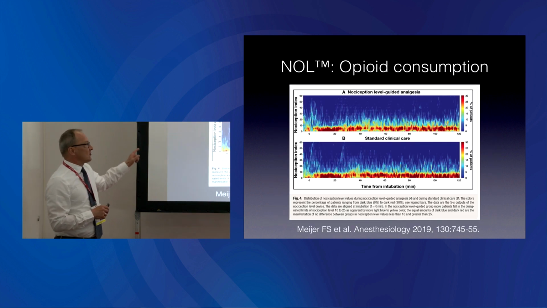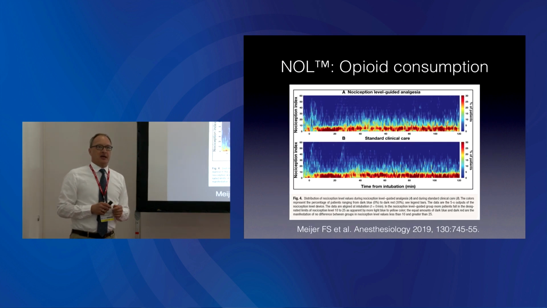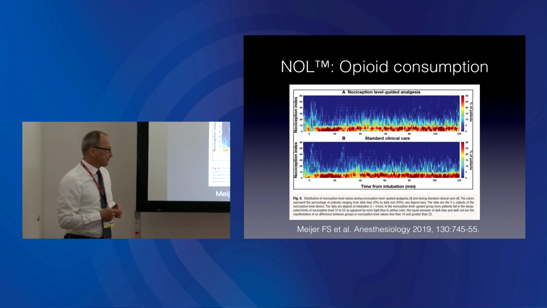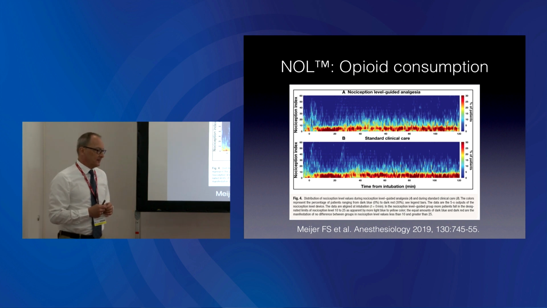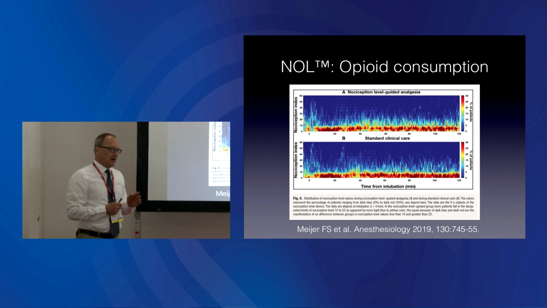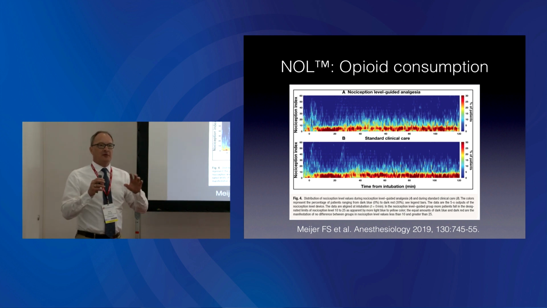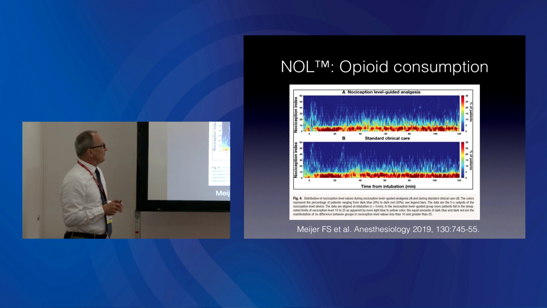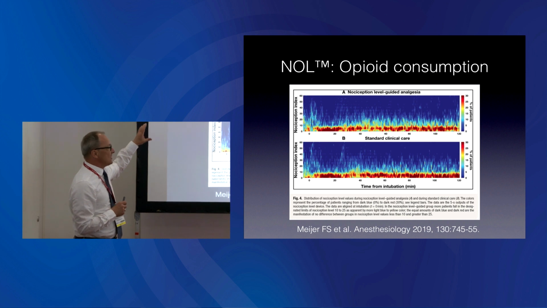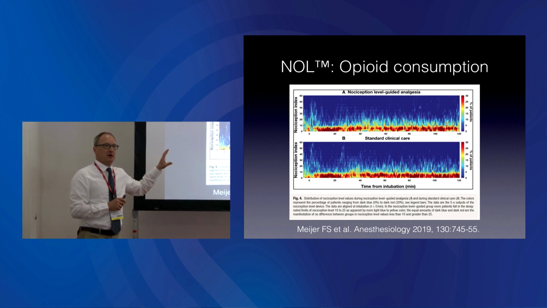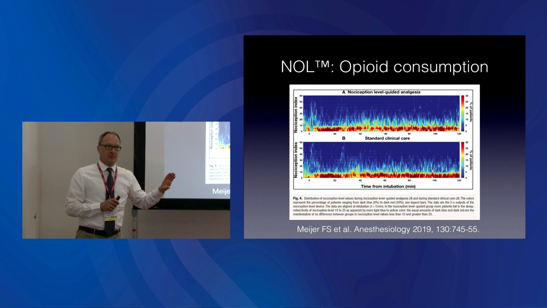It is an interesting graph I'm showing you now from that publication that has already been mentioned in the first talk, the study from Leiden, where they put the overall amount of nociception level range the patients were in into a spectrogram.